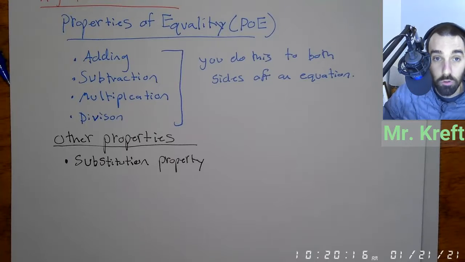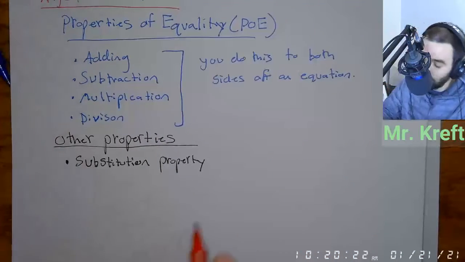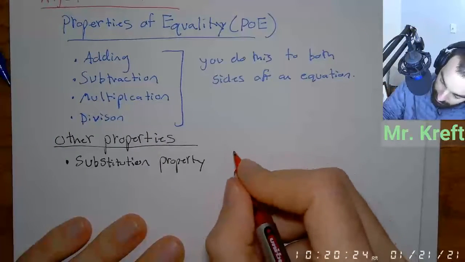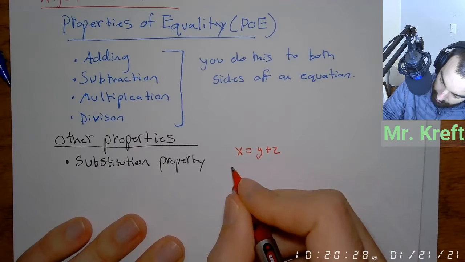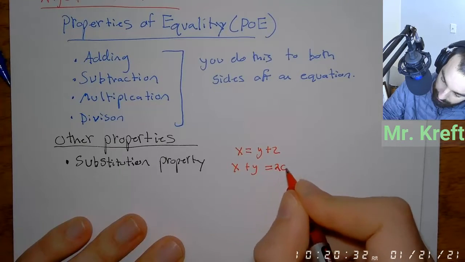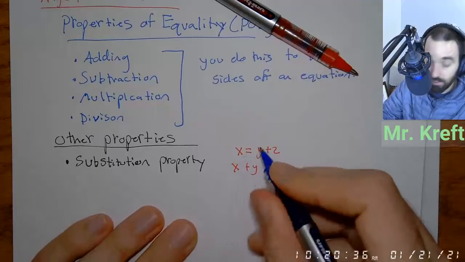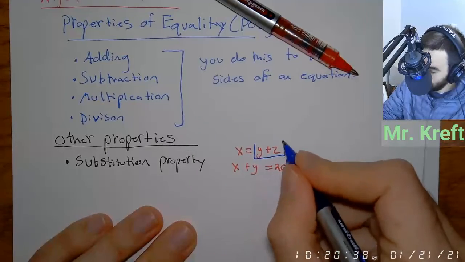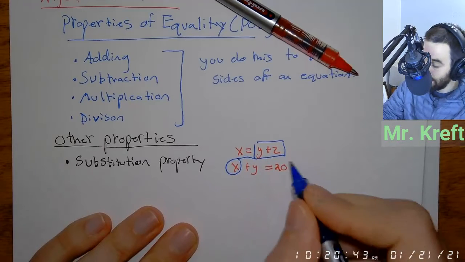So the big place you guys did substitution, and you might be thinking about this, is when we had systems of equations. So in systems of equations, right? So we had maybe like x equals y plus 2, and then you had x plus y equals 20. Right? Remember, substitution says, well, if x equals this, then anywhere I see an x, I can replace it with that.